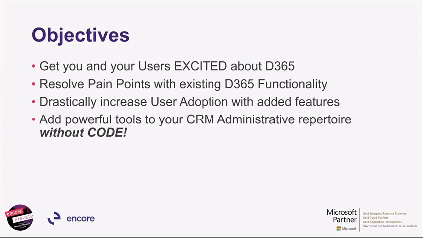A lot of these new features came out with Dynamics, and Microsoft's objective was to resolve some of the pain points that came with the old versions. I'll tell you from experience, my biggest pain point working with Dynamics was the multi-select option sets.